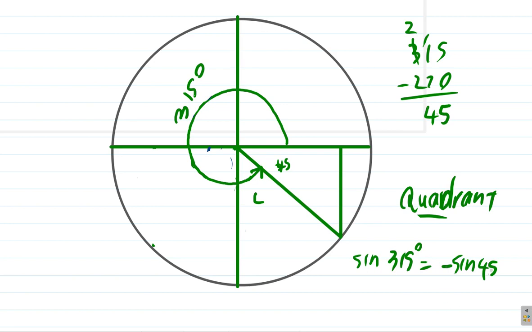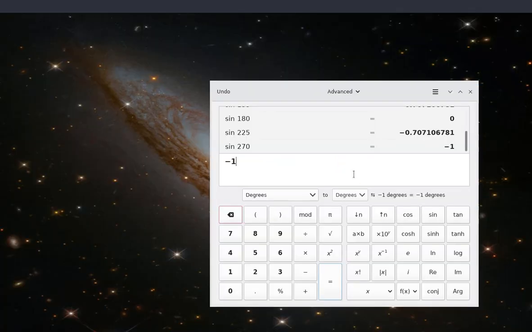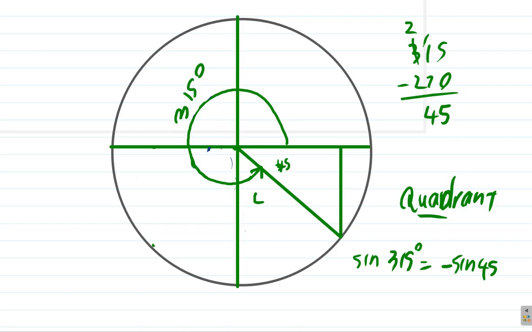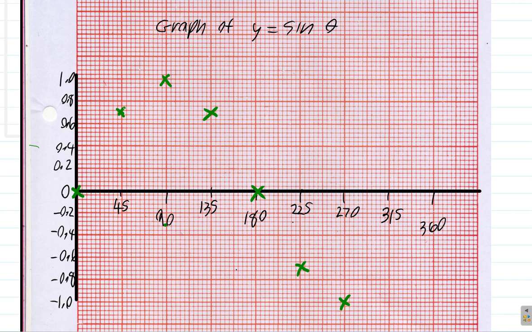Sine of 315 is going to be negative 0.707. Let's see. Sine 315 equals negative 0.707. So let us plot it and see negative 0.707. Where is negative 0.707? So here. Right, if you line them up, you get this.